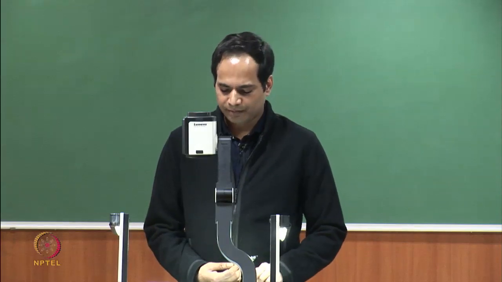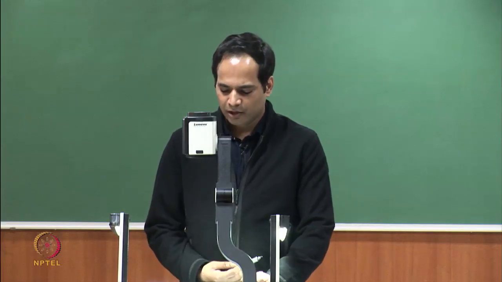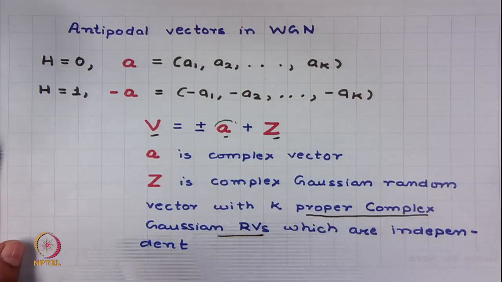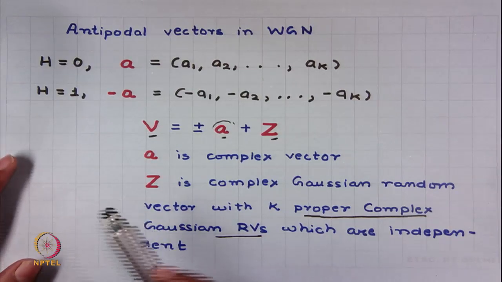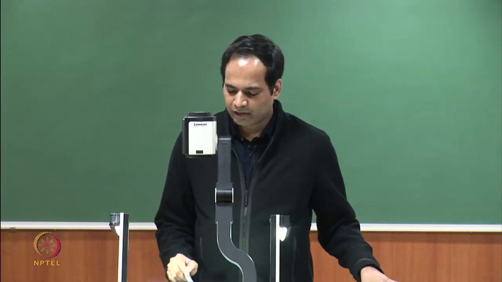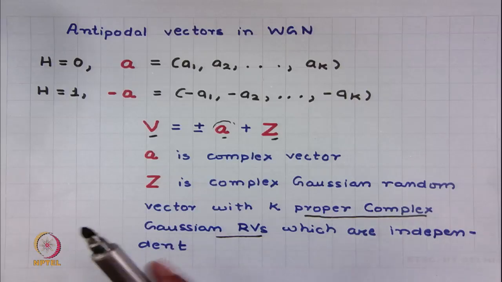So, any samples of a white Gaussian noise are independent samples, right, and the samples of a white Gaussian noise are random variables, right. So, these k proper complex Gaussian random variables will be independent. So, the first thing that we will see is what these proper complex Gaussian random variables are.